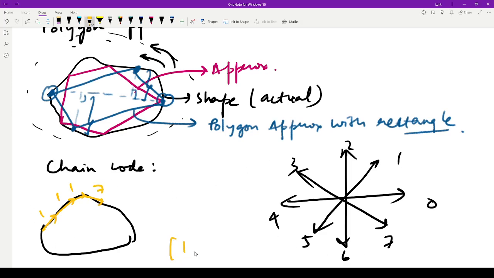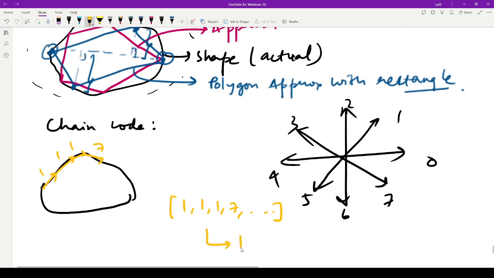Whatever code ultimately gets generated, this code is dependent on the orientation, right? So now if I rotate the object like this by 45 degrees, the one might get two.